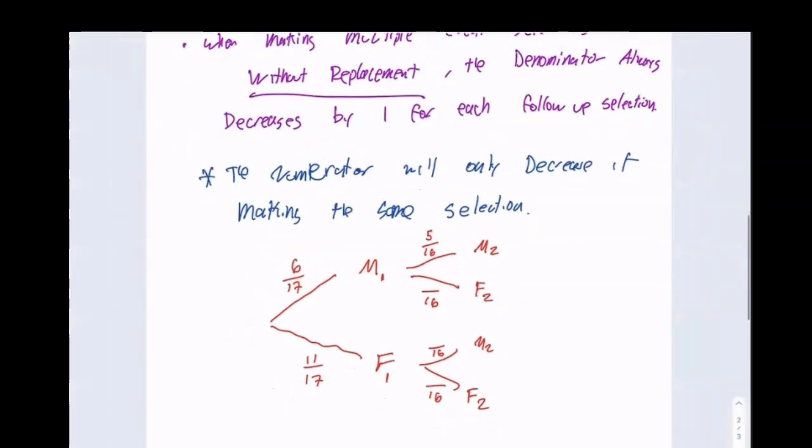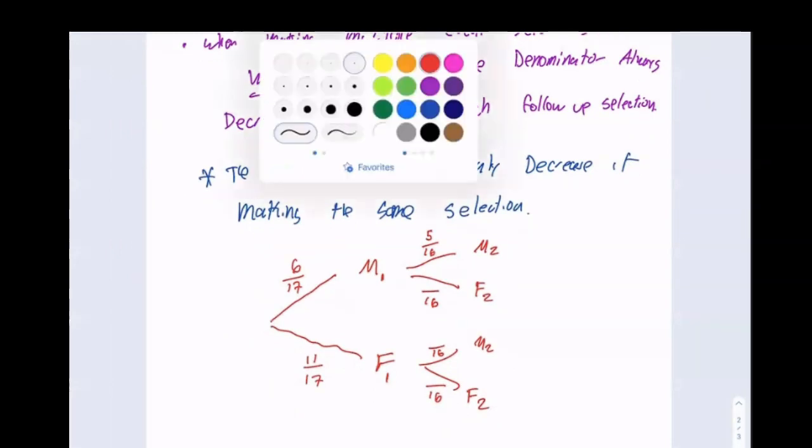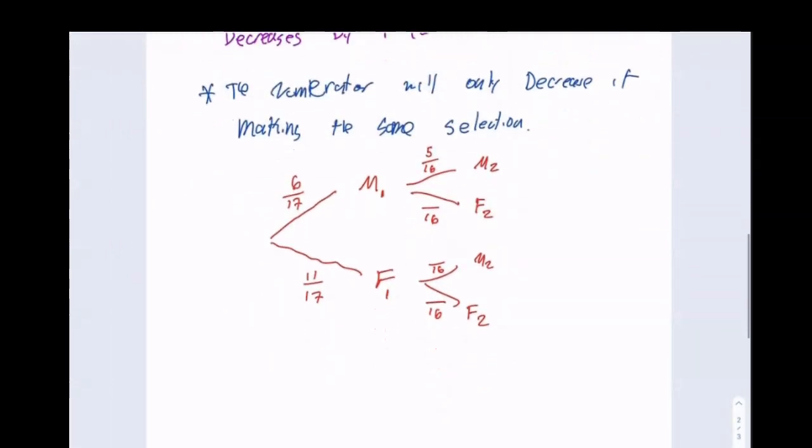Now, what we're saying here is that the probability of selecting a male on my second choice, given that I've already selected a male, is 5 out of 16. How many females are there after I've selected a male?